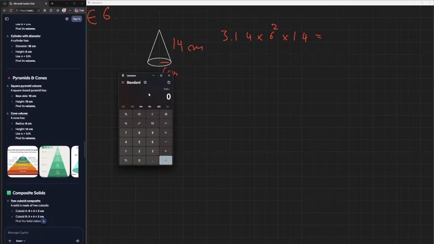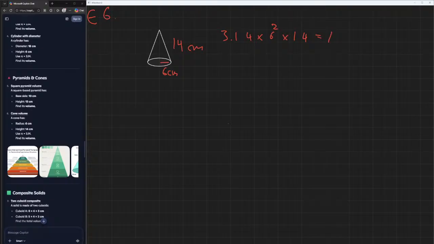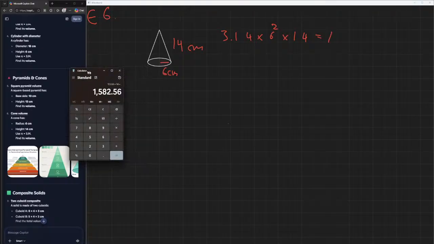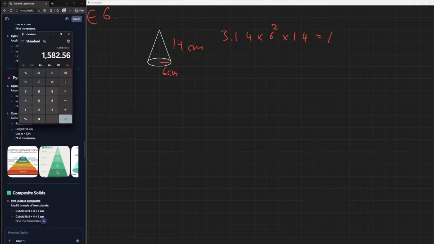Wait, r squared, 6 times 6 is 36, times 14 is 452.16 centimeters.